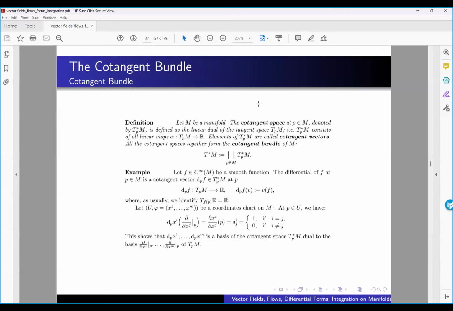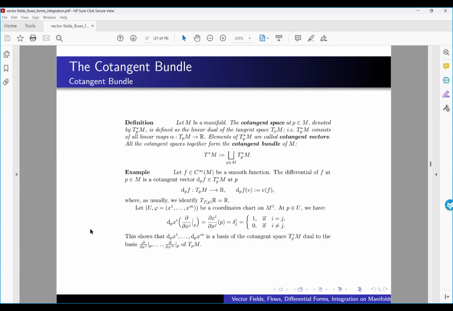Let's suppose that you have a manifold, and do you remember what the tangent space at a point to a manifold is? The set of all tangent vectors. It has a structure of vector space. The dimension of this space is the same as the dimension of the manifold. So it's a vector space, and as for any vector space, we can build up the algebraic dual of the space, which is again the space of all real valued linear maps defined on this space.